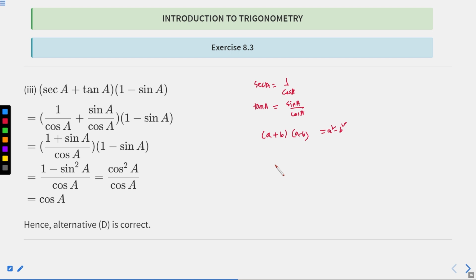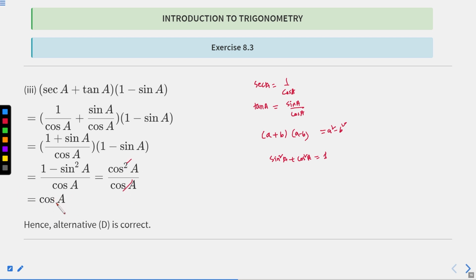And we know the identity sin²a + cos²a = 1. So 1 − sin²a is equal to cos²a. So (1 − sin²a)/cos a is equal to cos²a divided by cos a. And here one cos a will be cancelled, and you will get cos a.